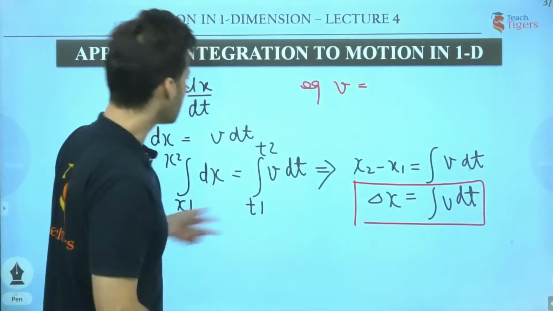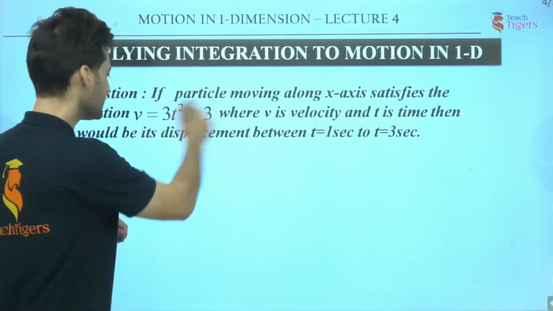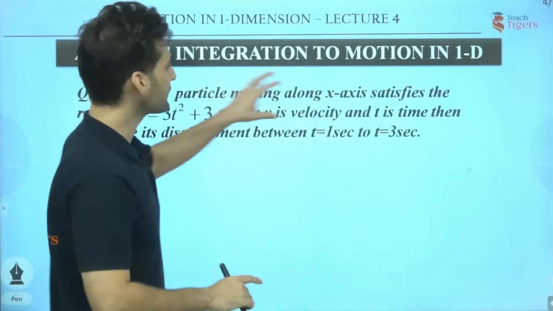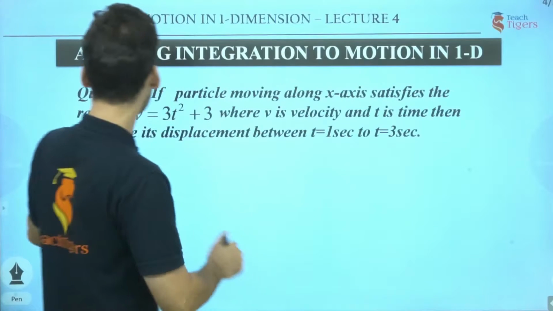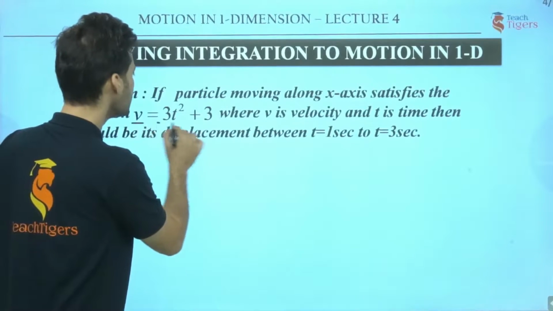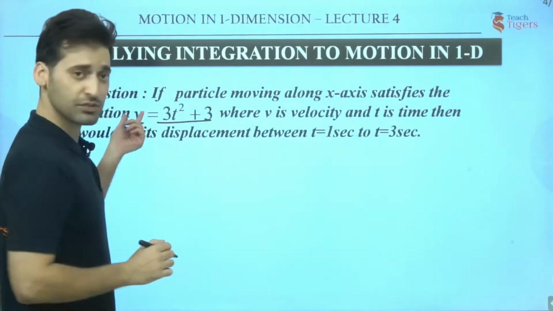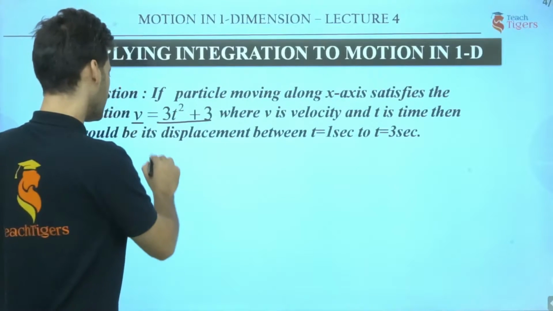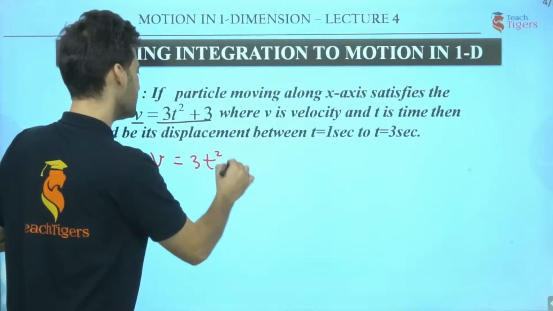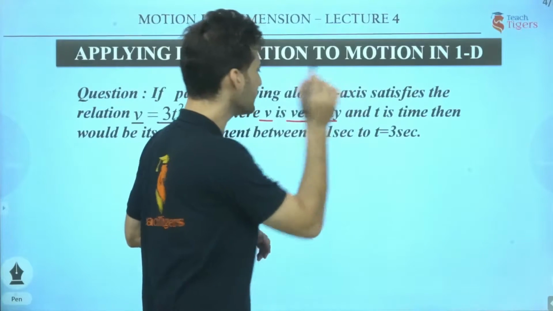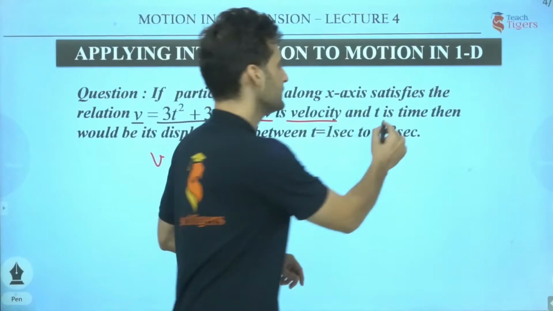So now let's apply this formula over here. There is a question. Let's read it out. If a particle is moving along the x-axis, it satisfies the relation v equals to 3t squared plus 3. There is a relation between v and t given to us, where v is the velocity and t is the time.